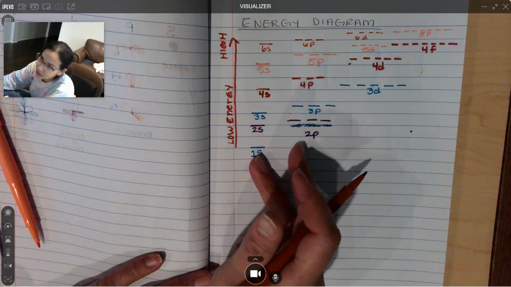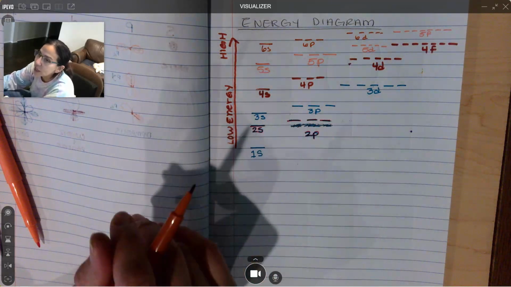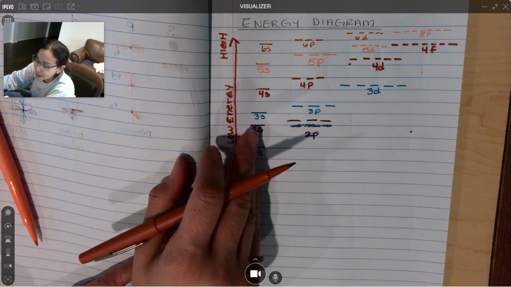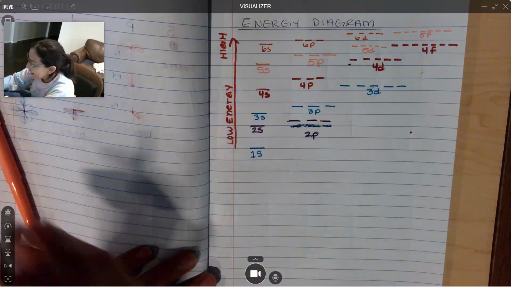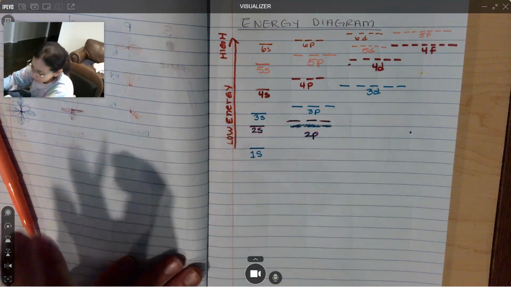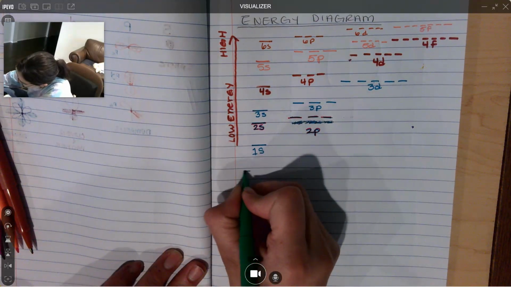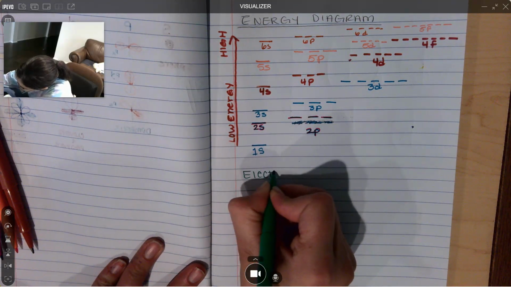Some people can use this very well to write down all their electrons. I'm not that good at using this one. I mean, I can do it, but I don't like it. It's too complex for me. What I like to do is electron configurations in a different way.